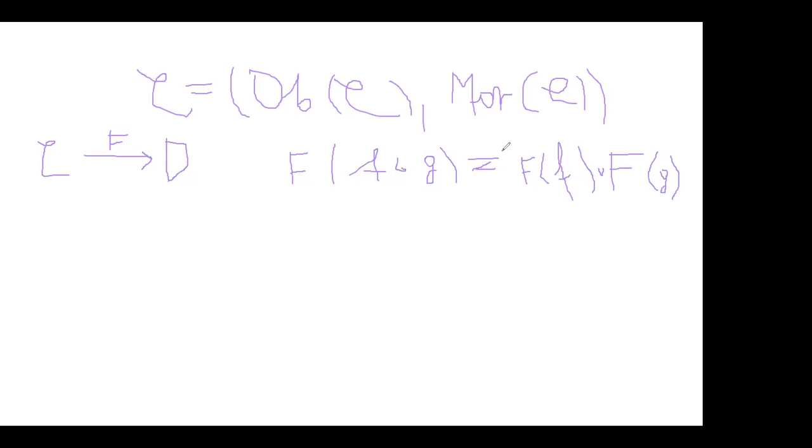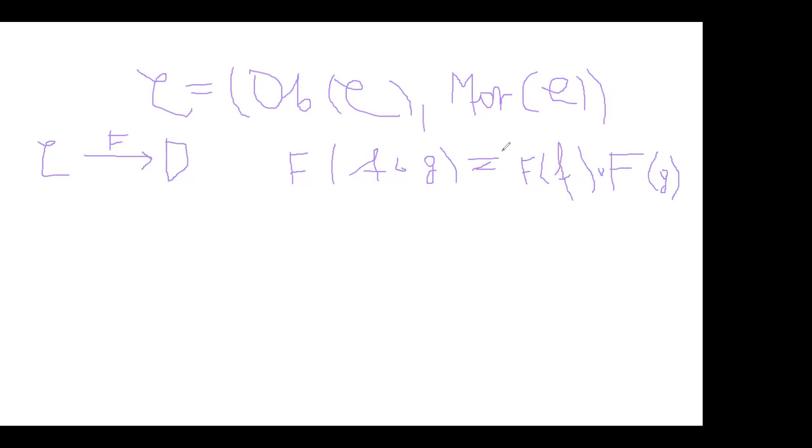So what are my objects when I want to think about the graph as a category? My objects are vertices, of course, right? And what are my morphisms? My morphisms are finite paths. If I have a vertex V and a vertex W, then any finite path starting at V and ending at W, I consider as a morphism from V to W. Of course, if it's between two vertices, it must be finite.